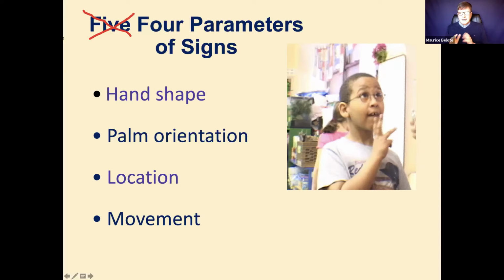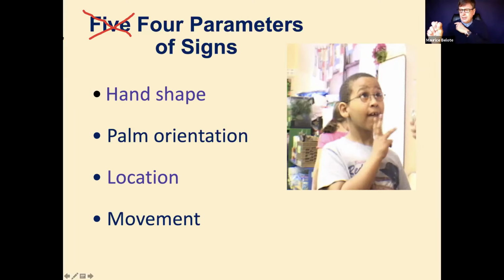So when we make a sign, there are 4 parameters to every sign. There are actually 5, and I'll tell you what the 5th one is. But the parameters are hand shape, palm orientation, location, and movement. So let me use the sign toilet as an example. When you sign toilet, the hand shape is a letter T. The palm orientation is facing out towards the person you're communicating with.